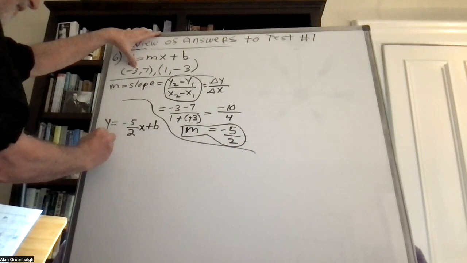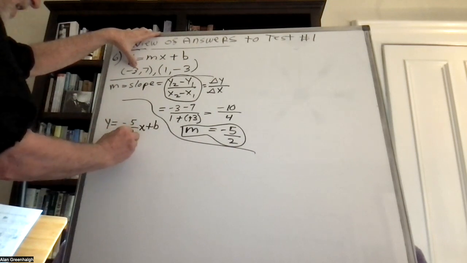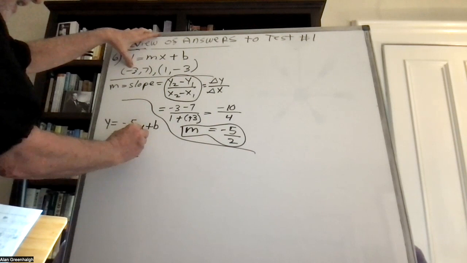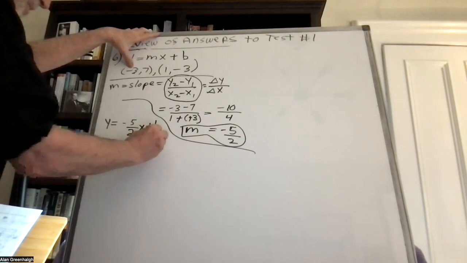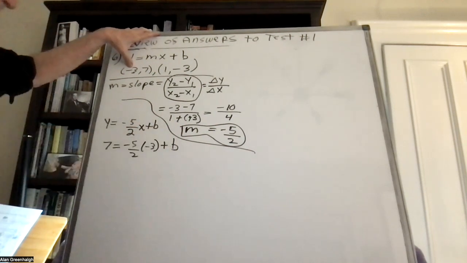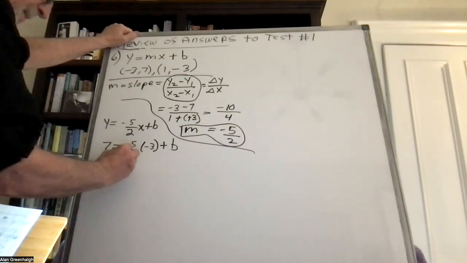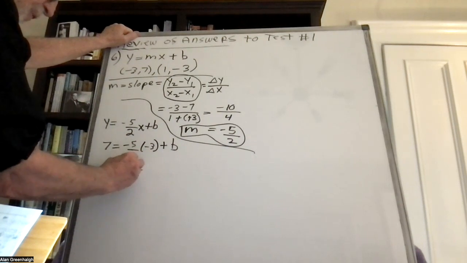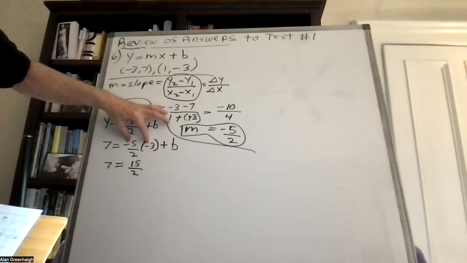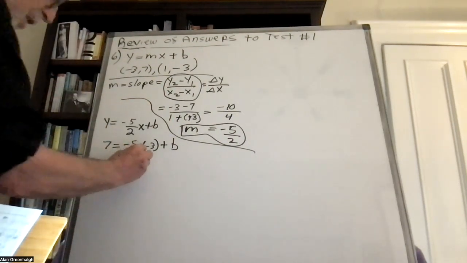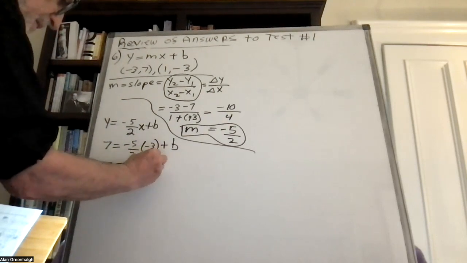And it's going to be 7 is equal to negative 5 over 2 times x, which is negative 3, plus b. Now this becomes 7 equals positive 15 over 2, because the 2 negatives make that positive.